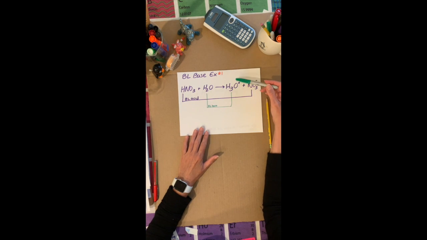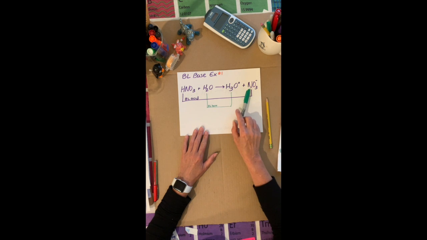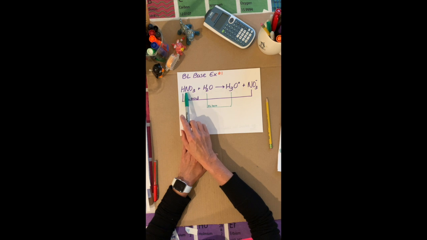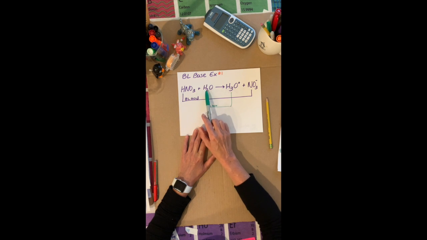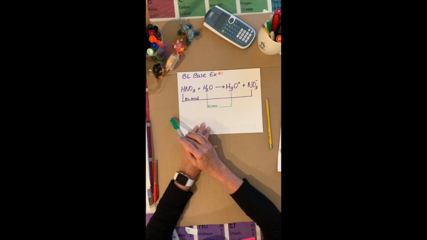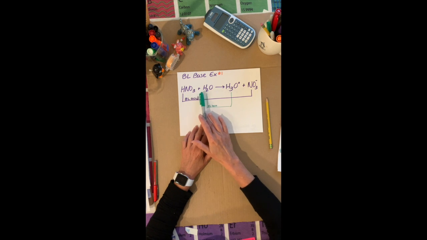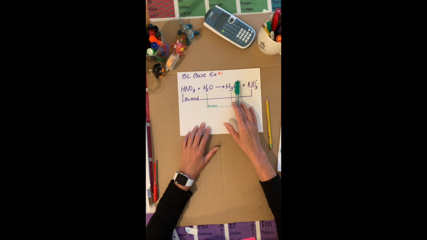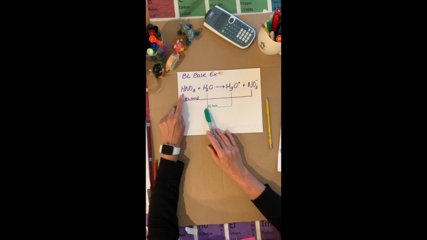In order to look at Bronsted-Lowry bases, we're going to look at this equation here. So I still have my nitric acid, and I've just put the water on the reactant side as opposed to on top of the arrow, which is perfectly fine. You're going to note that when nitric acid reacts with water, it produces a hydronium ion and nitrate.